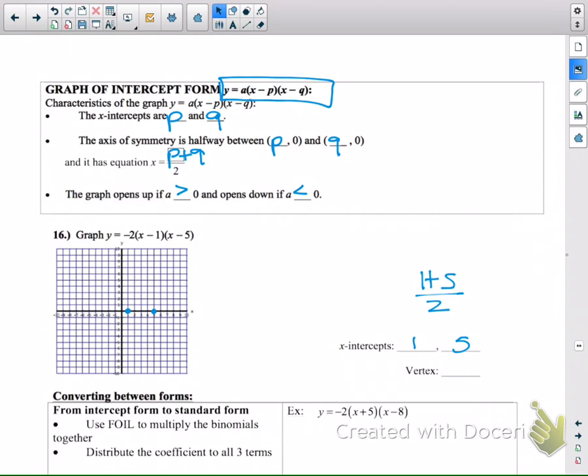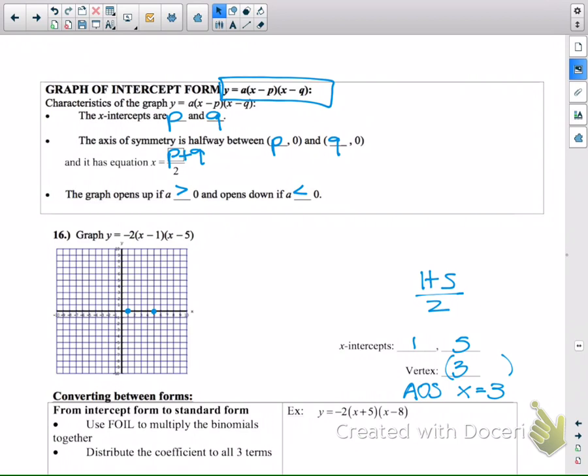Have fun. All right, so that means my vertex, the x value is what? What's halfway between those? 3. That's also going to be my axis of symmetry. What's the best way to find the y value of the vertex? Plug it back in.